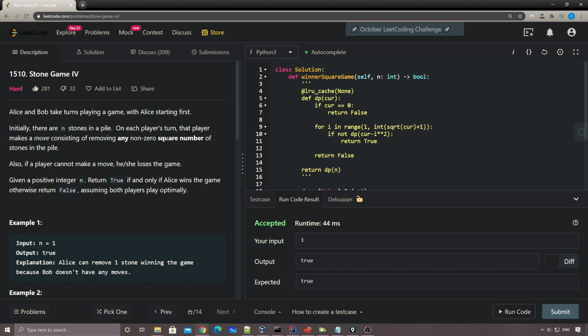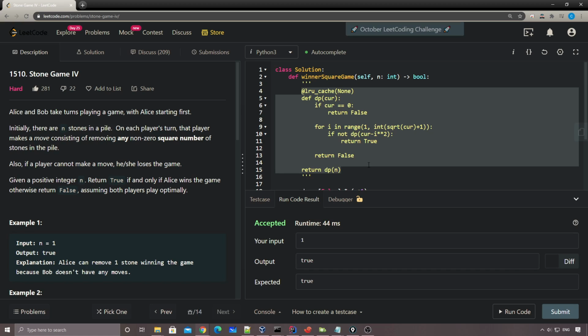The only difficulty for this problem is that you have to understand the concept of this game theory. I highly recommend you try to solve the other three stone game problems, even though those problems use a different strategy and different solutions. It's worth doing.